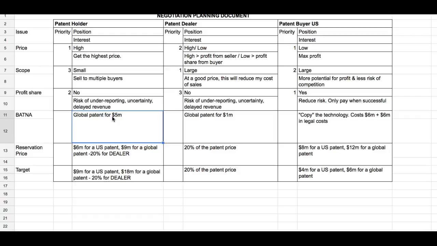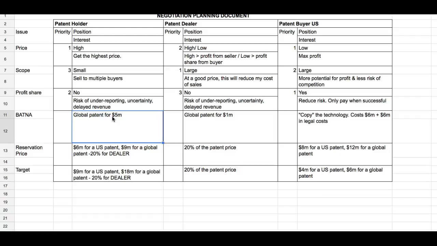The BATNA for the patent buyer in the U.S. would be to copy the technology, and the cost would be 6 million. And he will have to pay 6 million in legal costs. Legal cost means that probably the patent owner will sue him. He may have to pay people off to make sure that he will be able to actually use that technology and sell his products based on the copied technology.